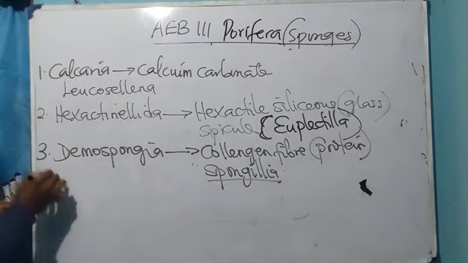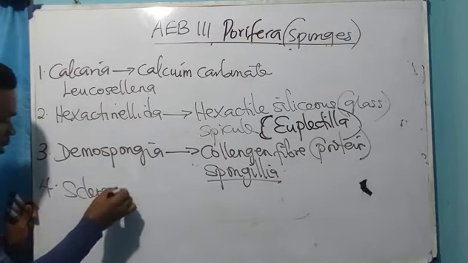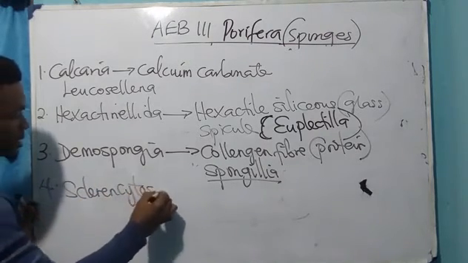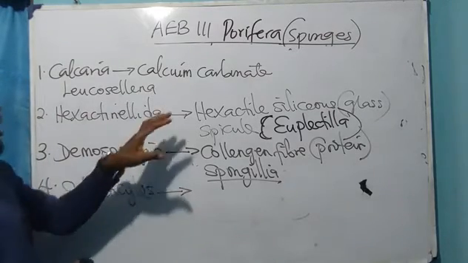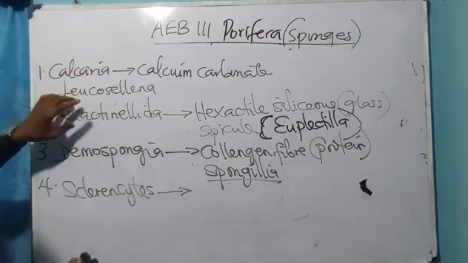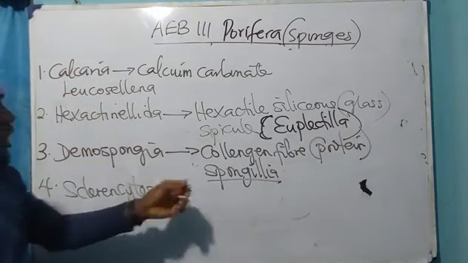The fourth one, which is the last one, is the Sclerospongiae. The Sclerospongiae is made up of the 3 types of spicules: the calcarea, the Hexactinellida, the Demospongiae. They are all found.